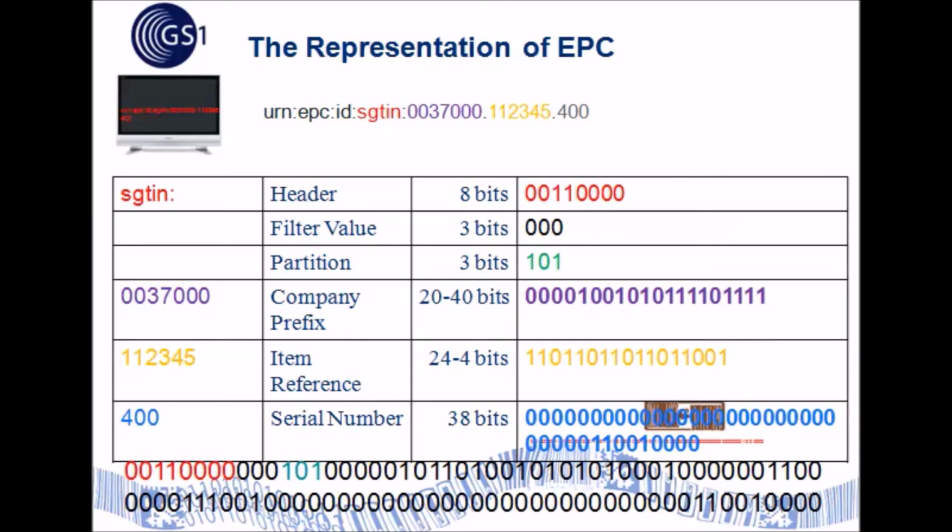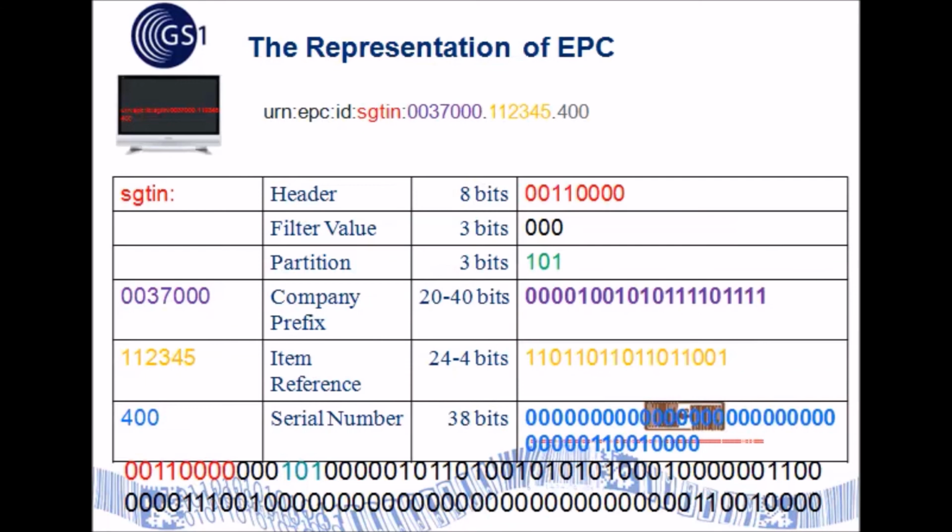Here is an example, the representation of an electronic product code. For a global trade item number, the header will be 8 bits. The number is already defined as 0011 and 40 following. The filter value is 3 bits and the partition value will be 3 bits.